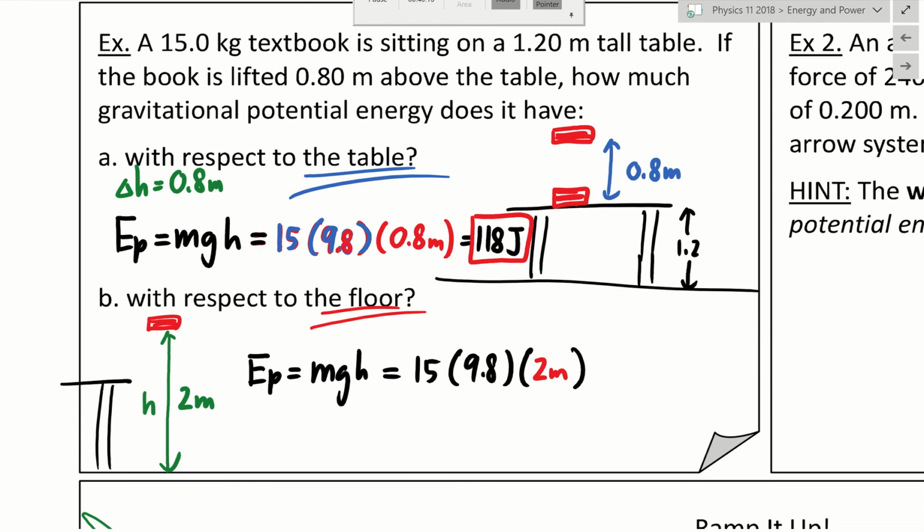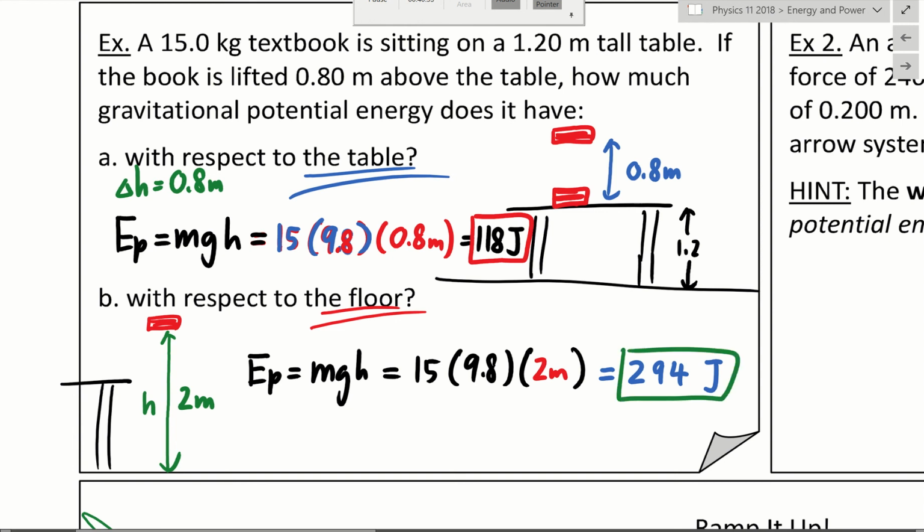From the top down to the table is 0.8. So from the top all the way to the ground is 2. So how much potential energy does the book have? That means how much potential damage it can do. Well, if you drop it on the ground, it will do more damage than dropping it on the table. Okay, simple as that.